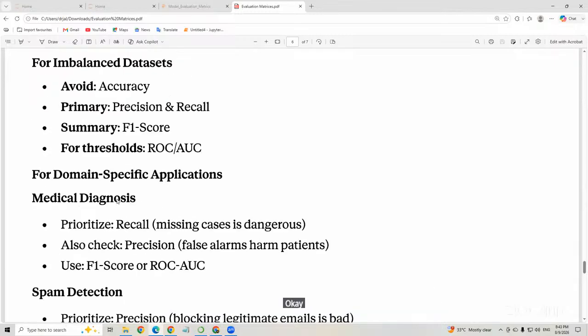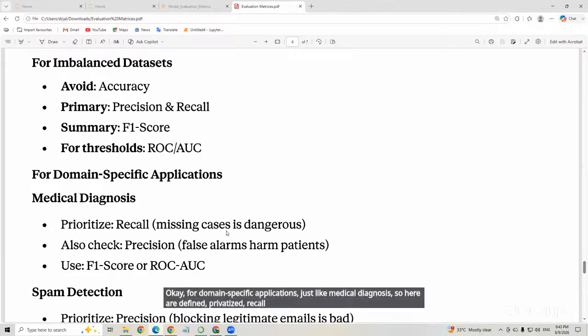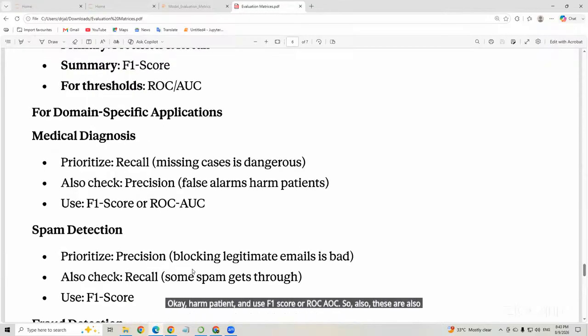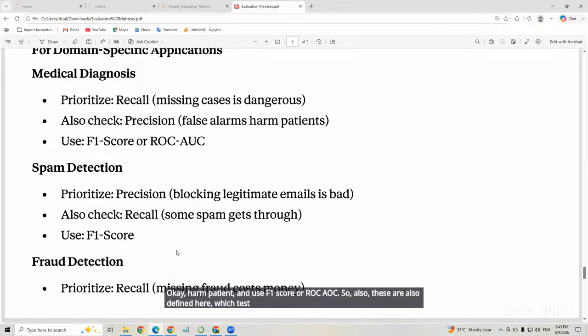Okay, for domain specific applications, just like medical diagnosis, here it is defined: prioritize recall. Okay, missing cases is dangerous, and also check precision, false alarms. Okay, they harm the patient, and use F1 score or ROC, AUC. So these are also defined here, which test you can apply in which cases.